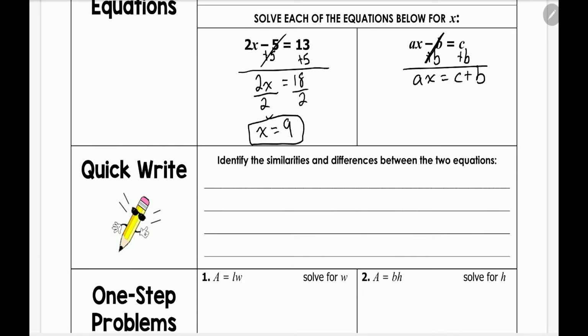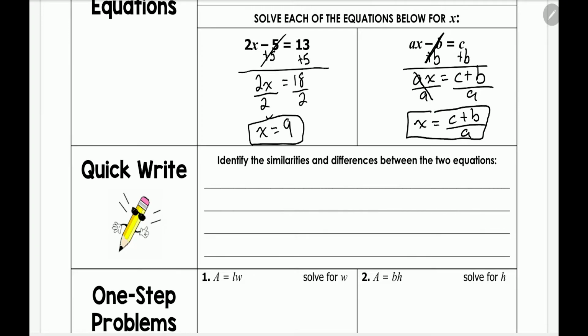We're trying to solve for x, so we have to get rid of the a. Since the a is being multiplied, we divide by a on both sides. The a's cancel, and we're left with x is equal to c plus b over a. And that's all you have to do.